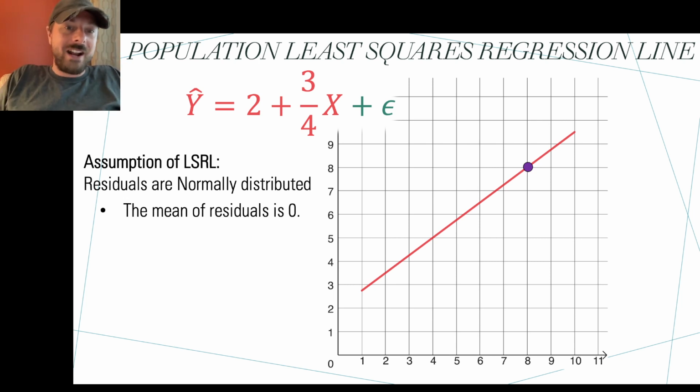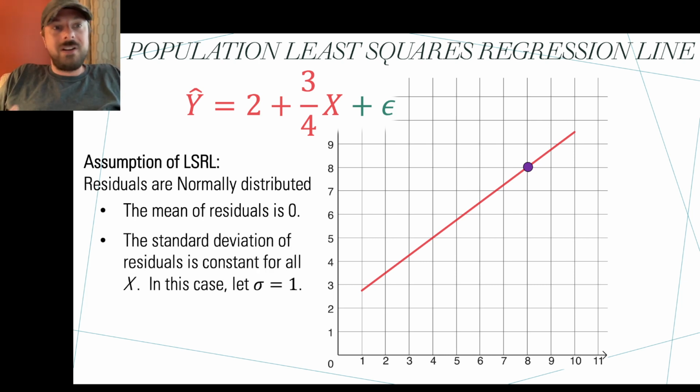The residual on average should be 0, but there's always a constant standard deviation for the amount that our actual observations will vary from what's predicted. And so let's just suppose, for the sake of argument, in this particular example, let the standard deviation of the residuals equal 1. Then we could say epsilon is a normally distributed random variable with a mean of 0 and a standard deviation of 1.